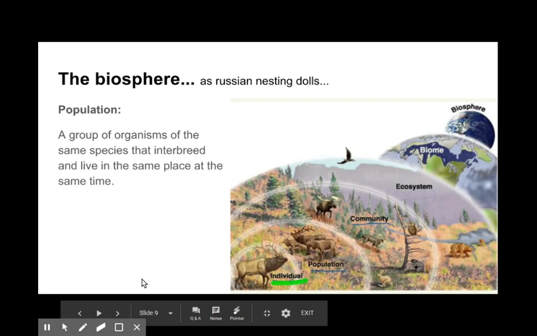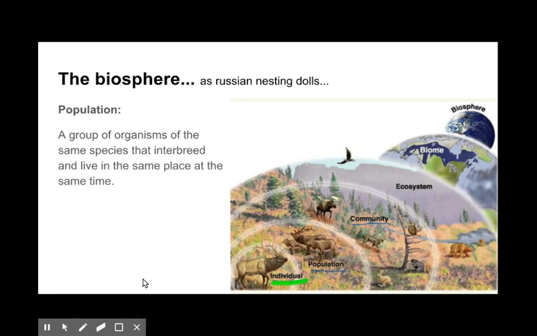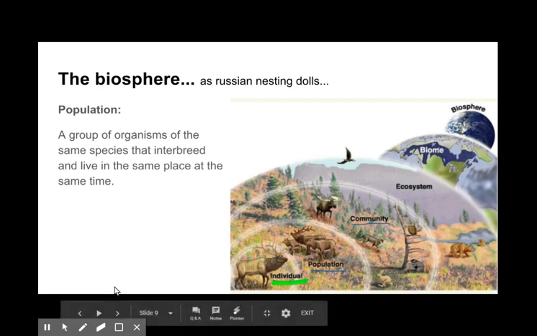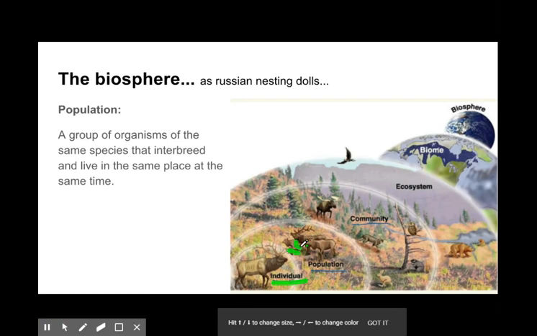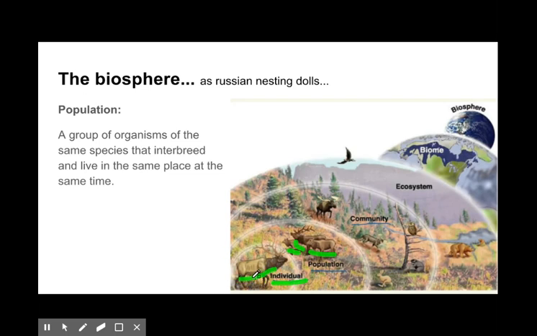Next, we switch to populations. This is a group of organisms that all live in the same place and can interact with each other. What that means for us is it's this moose and this moose and that moose. Sorry, these aren't moose, these are caribou. But these 4 caribou together, those make up one population.